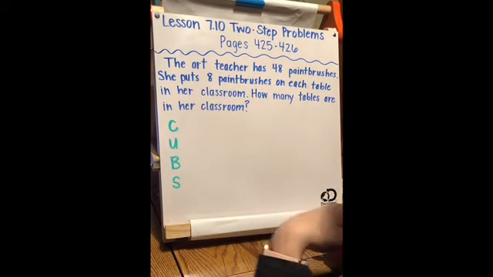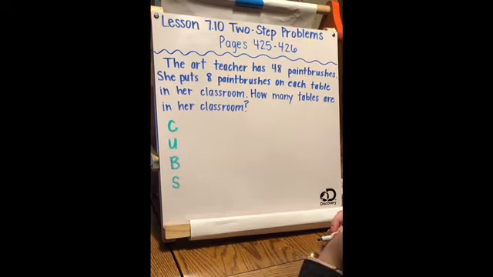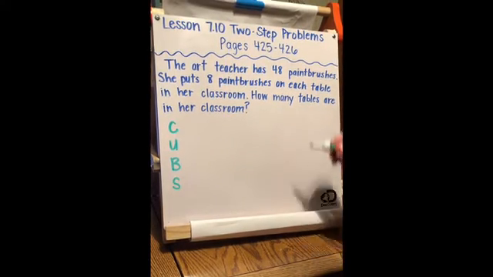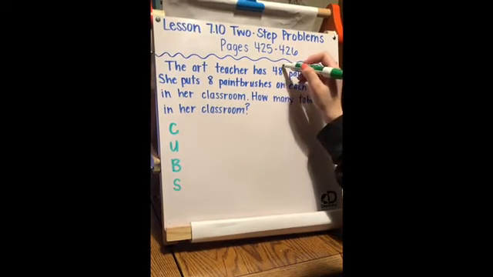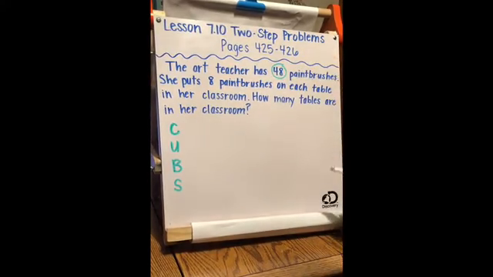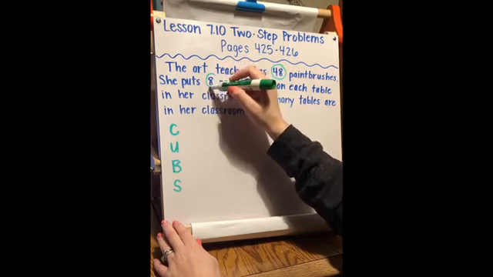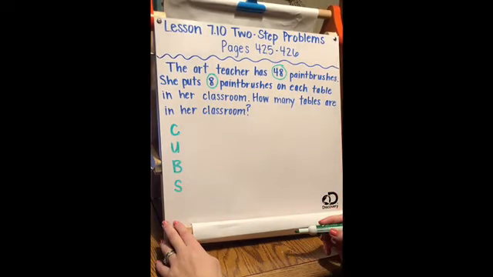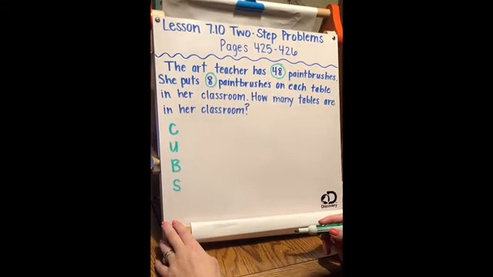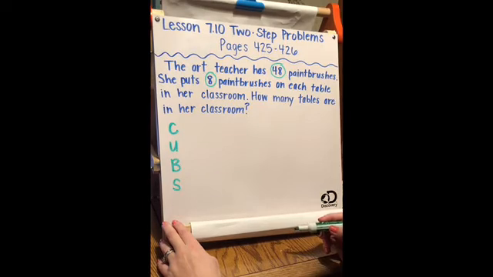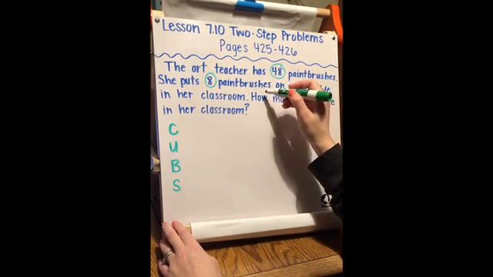So let's reread it again and start circling our essential information. The art teacher has 48 paintbrushes. She puts 8 paintbrushes on each table in her classroom. How many tables are in her classroom?